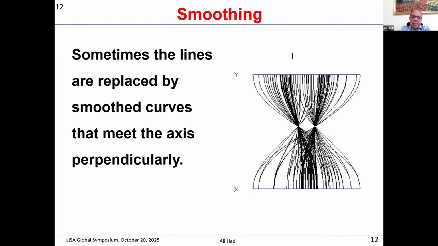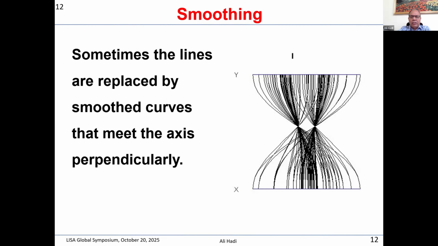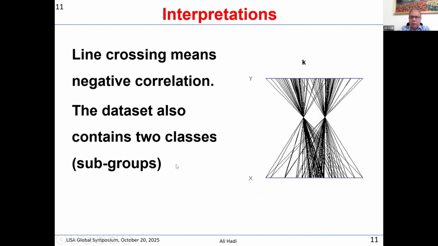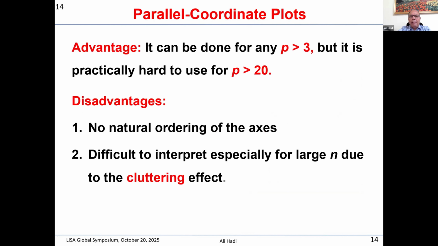Sometimes we replace these straight line connections by a smooth curve where the curve meets the axis at a perpendicular angle here and here. So they will be smooth and look nicer, so to speak, but both of them are actually equivalent. These are some references for the PCP.